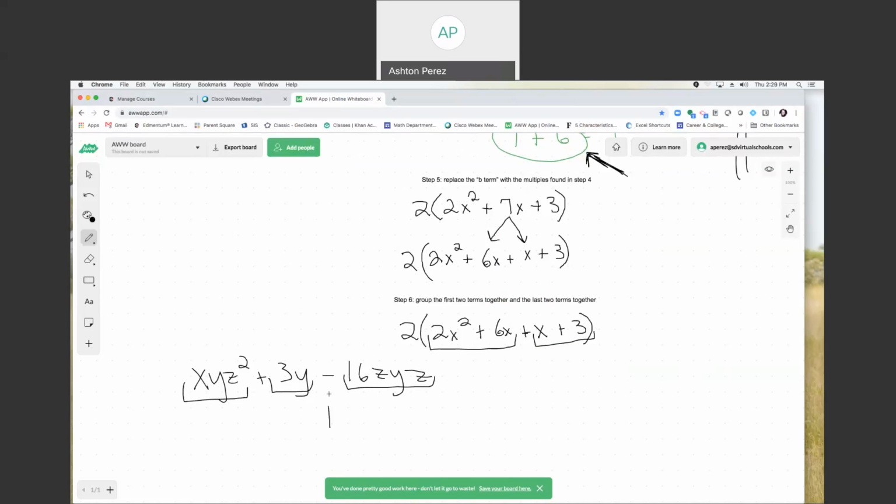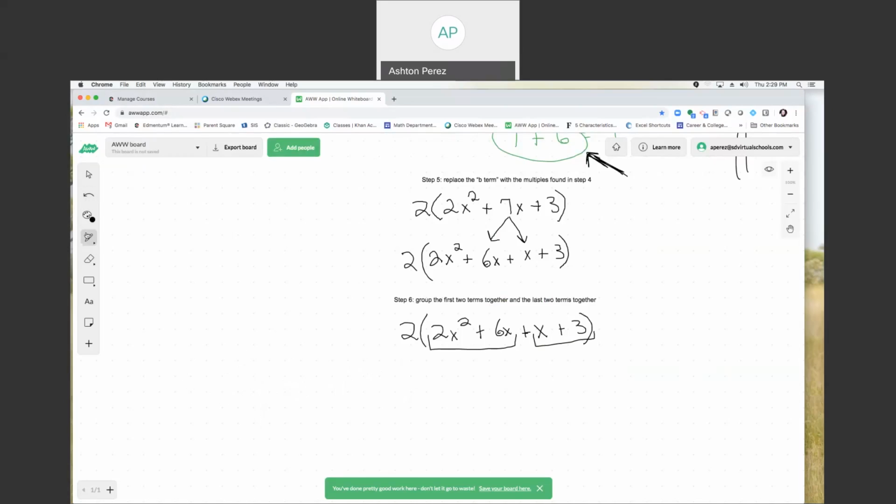And how do I know that? Well, they're separated by pluses and minuses. All this stuff in here is multiplication and exponents, right? These are all grouped together. This is all multiplication, 16 times z times y times z. This is all one term, this is all one term, and this is all one term. So just a little refresher on how to establish how many terms you have.